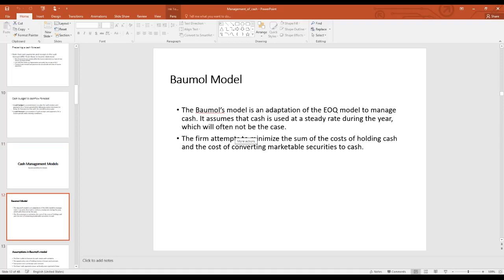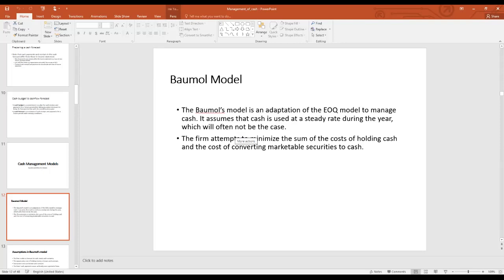Instead of having inventory, we're going to be having cash. We shall be replacing the inventory with cash, so all the assumptions we had for the EOQ also apply in this case. We are trying to readapt the EOQ model to be suitable for cash management.